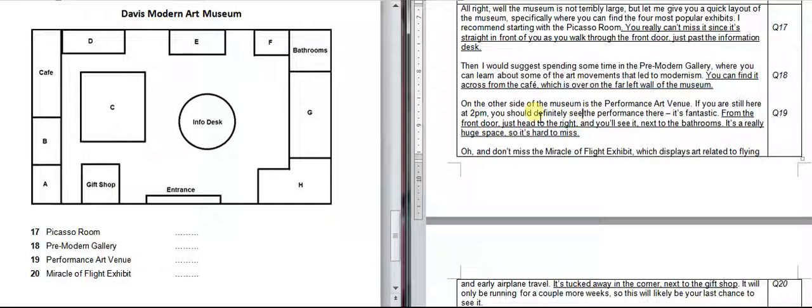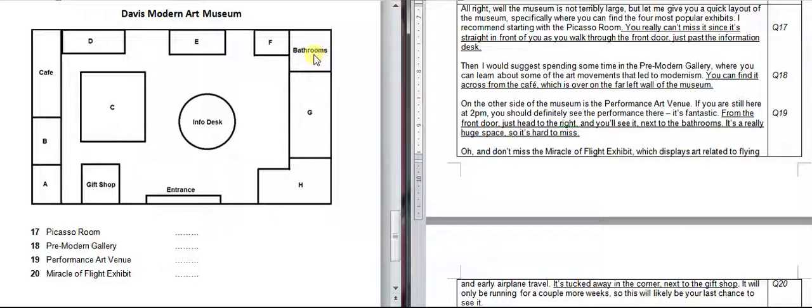On the other side of the museum is the performance art venue. If you're still here at 2 p.m., you should definitely see the performance there. It's fantastic. From the front door, just head to the right. You'll see it next to the bathrooms. It's a really huge space, so it's hard to miss.